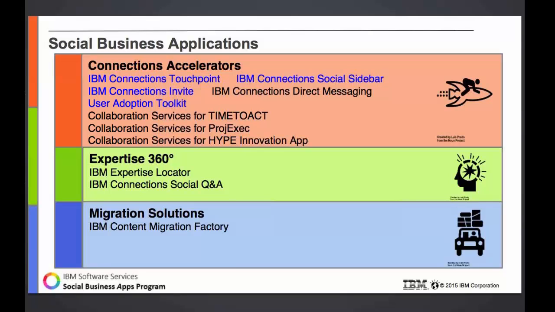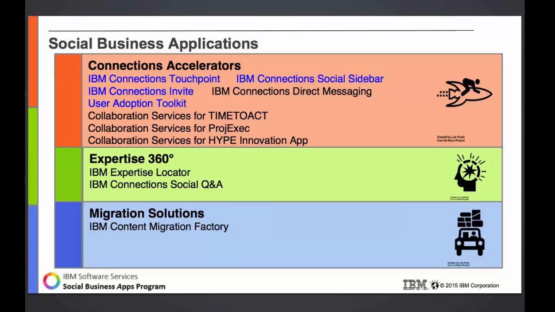I had mentioned before a little bit about expertise solutions. We have a full 360-degree view of that. We're really promoting just those two use cases in terms of named items, which is expertise locator, quickly find an expert based on a topic, not just because there happens to be a tag in their profile.